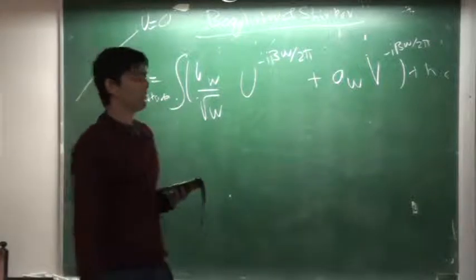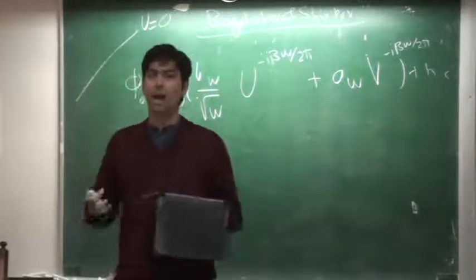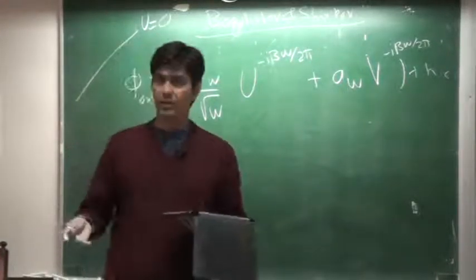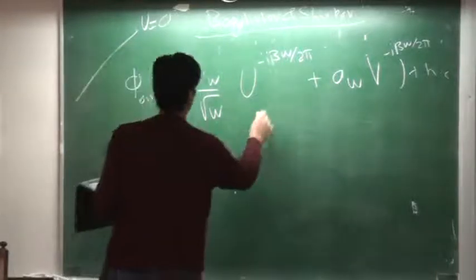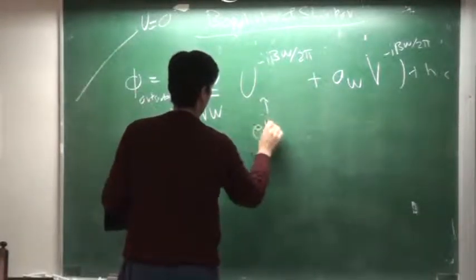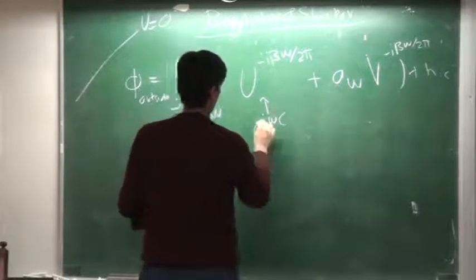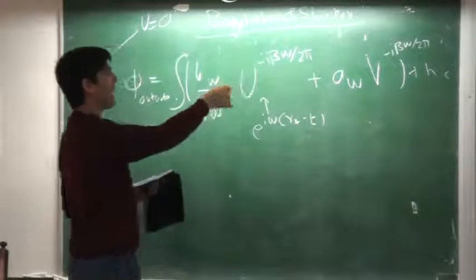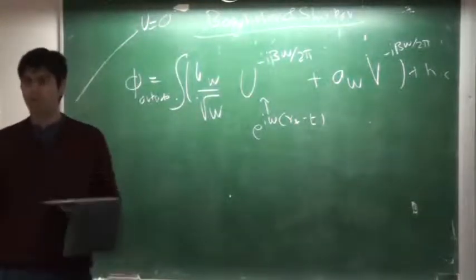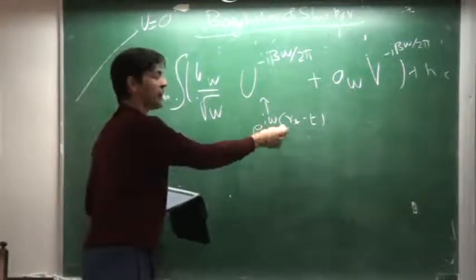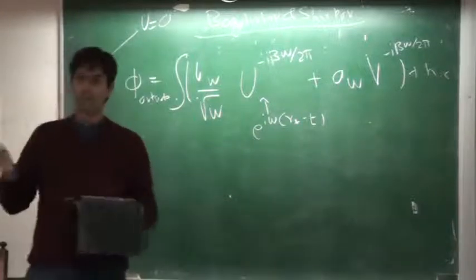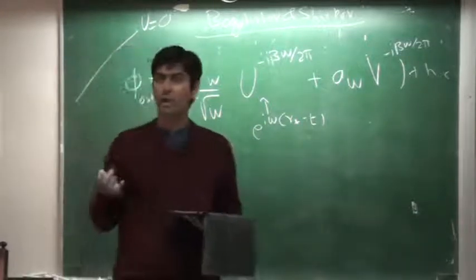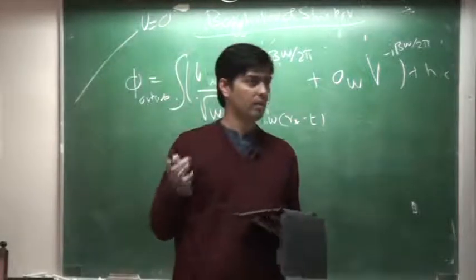What is this expansion? This is the expansion we wrote, which looks like e to the i omega (r star minus t). This u to the minus i beta omega, where beta is 8 pi m, is the same as e to the i omega (r star minus t). Remember yesterday I said that near the horizon modes look like e to the i omega (r star minus t).